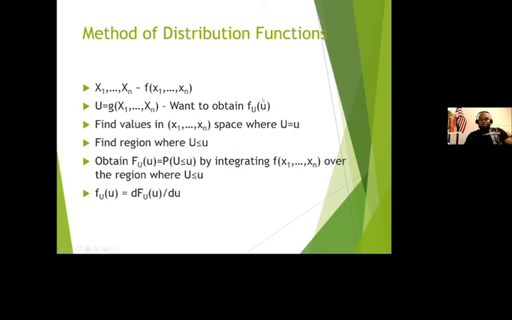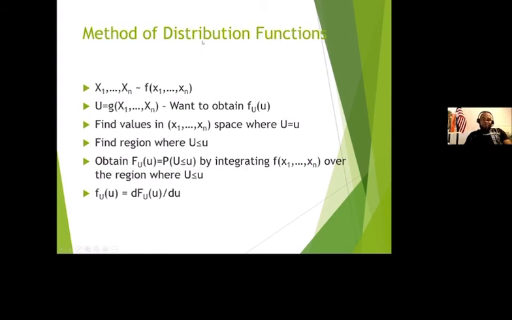Okay. So, what we're going to do using the method of distribution function is find values in the X1 up to Xn space where the uppercase U equals that, then find the region where the uppercase U is less than or equal to u.